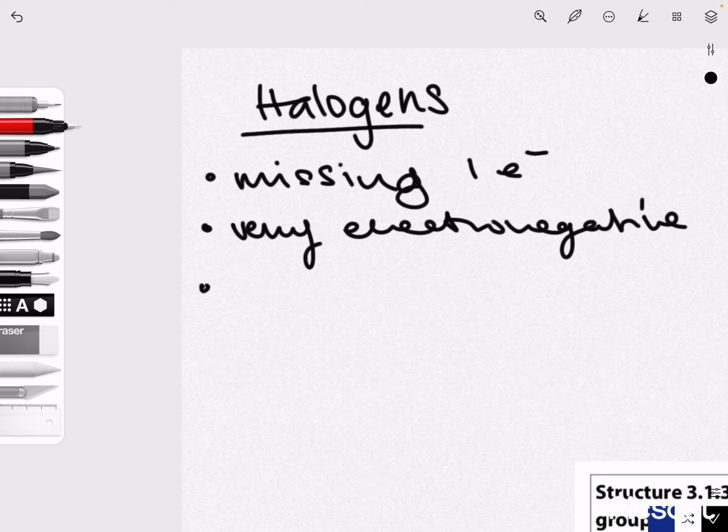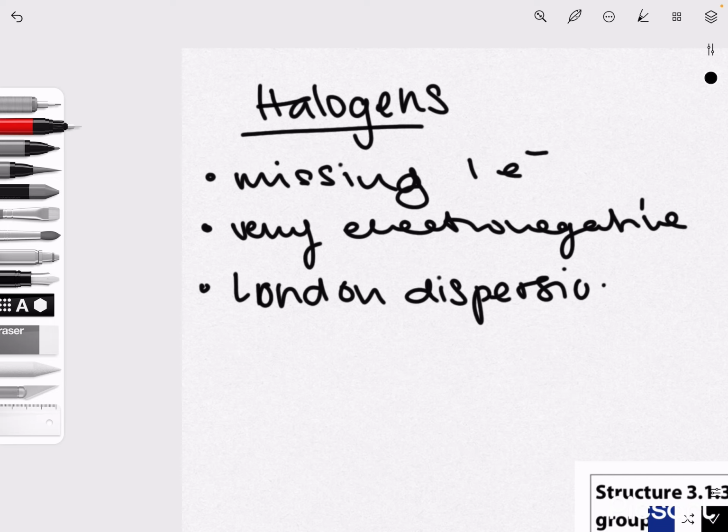Due to their higher masses, due to their ability to have London dispersion forces, which is something we can get into in another video, they have a higher melting and boiling point.